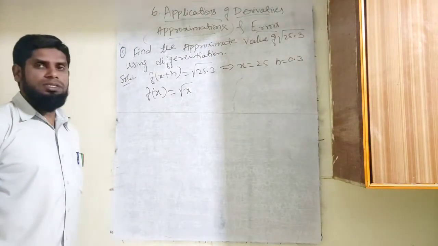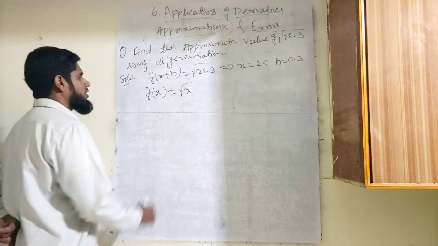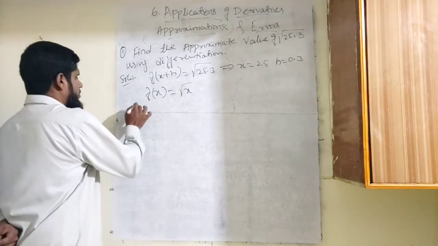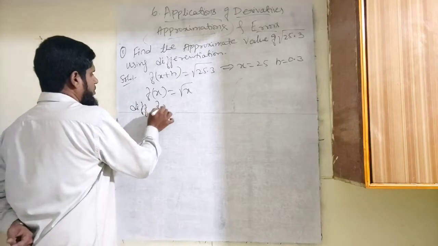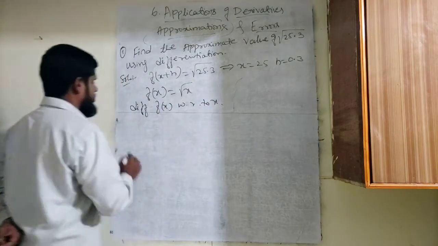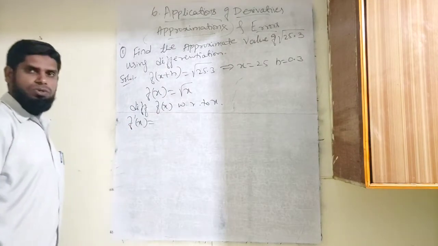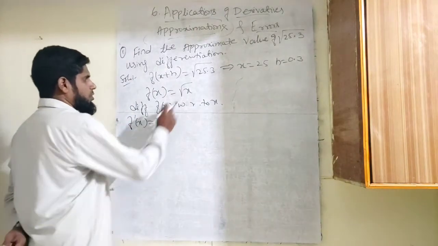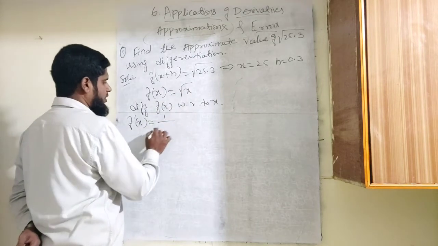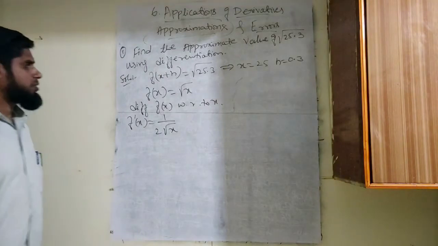And I know that in approximations, I must know its derivative. So let me find its derivative. Differentiate f of x with respect to x. What do I get? f dash of x is equal to the derivative of root x, which is 1 divided by 2 root x.